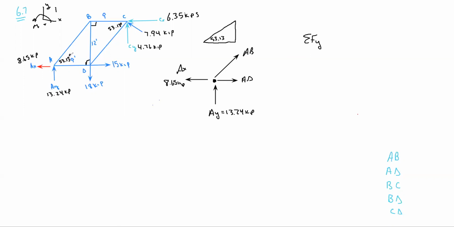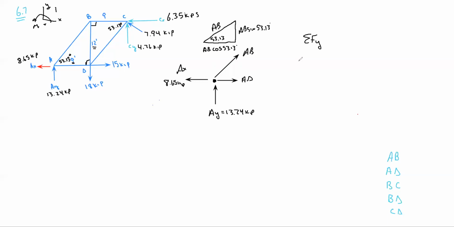I got 53.13 from the inverse tangent of 12 divided by 9. So if this is AB and the angle is 53.13, then the x component would be AB times the cosine of 53.13, and the y component is AB times the sine of 53.13.